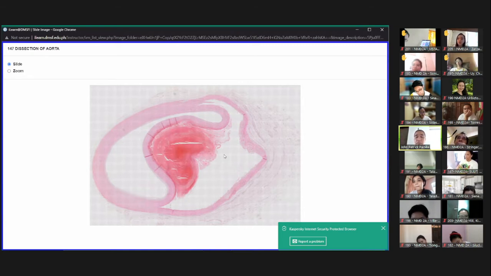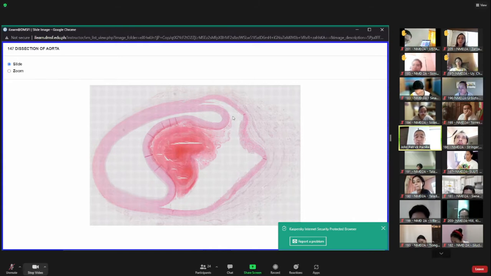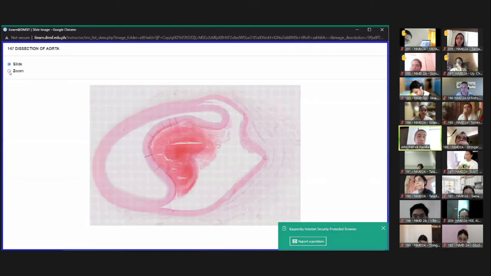There would be the presence of a lot of blood going into this lumen, the false lumen, and this can cause hypovolemic shock in our patients. So this is an emergency, and as a pathology resident, I have seen several cases of aortic dissection.